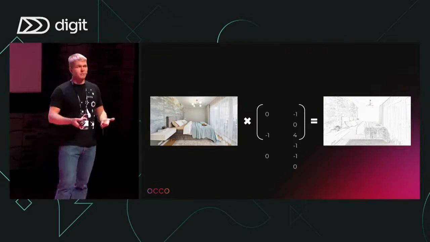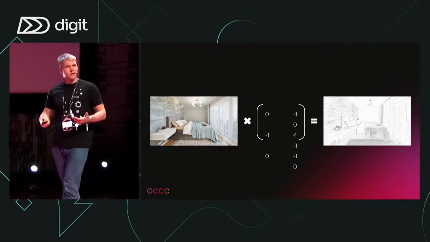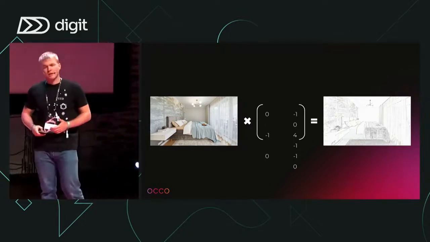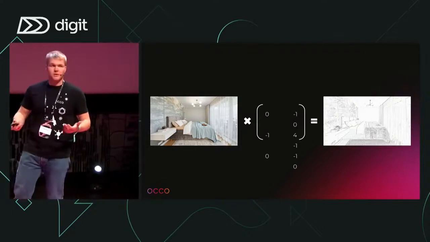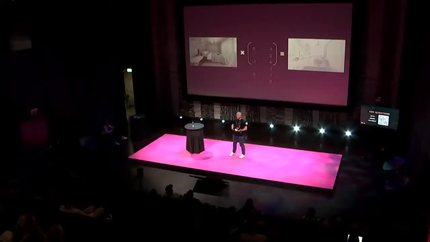Then we sum up the output of the grid and replace the original pixel with the output. What basically happens is it emphasizes some features. For example, you can have an edge detection convolution, and as you see on the image, it emphasizes the edges. So already this simple action helps us to learn about the complexity in the image.